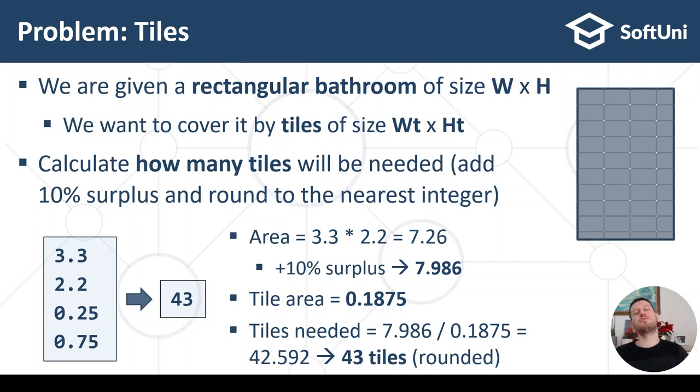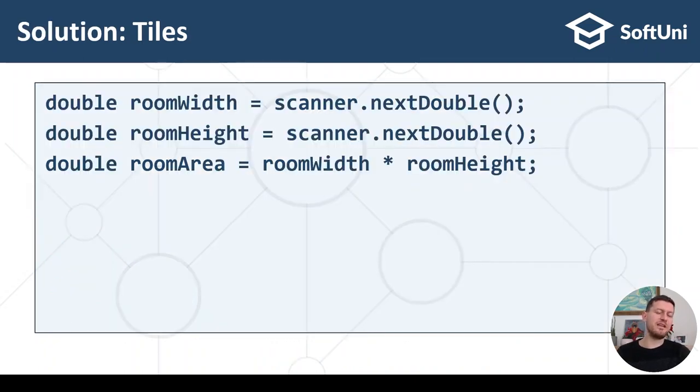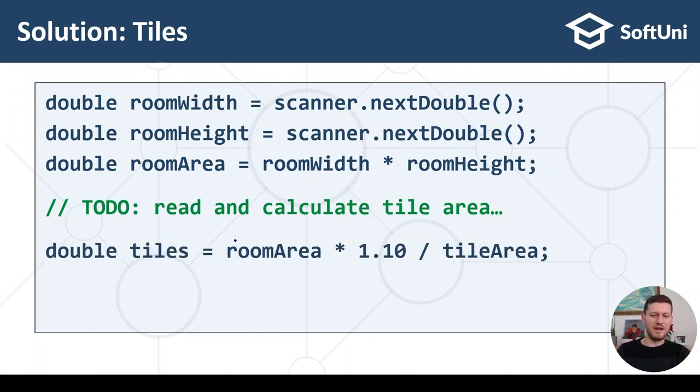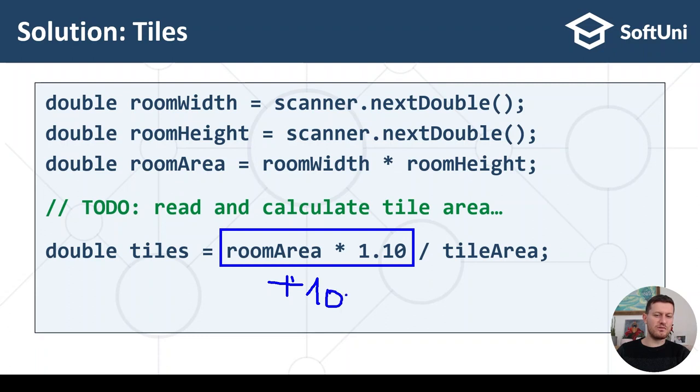I will not solve this problem because I want to leave it for you, but I'll give you some hints. You can read the room width and height, and we can multiply them to calculate the room area. In a similar way, you can read and calculate the tile area. And when you multiply the room area by 1.1, this is the area plus an additional reserve of 10%.